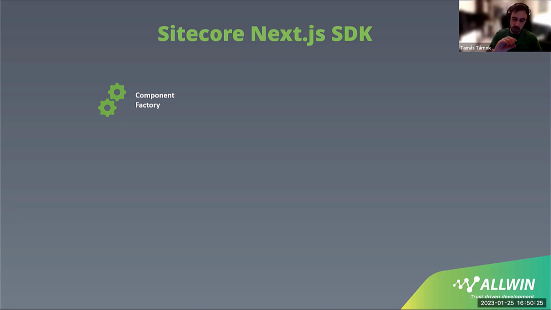It's holding all the components, for example, a header or a text component or an image component, and it's holding which component is paired to which rendering item inside Sitecore. So this is a key part of resolving the actual HTML.